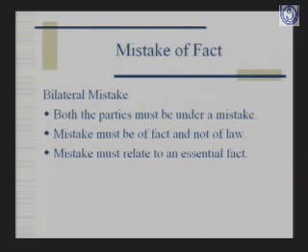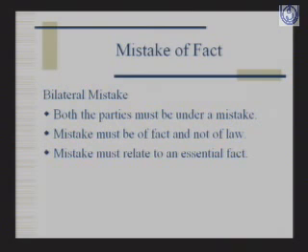There are 3 points you can see on the chart. Both the parties must be under a mistake. Secondly, the mistake must be of fact and not of law, and the mistake must relate to an essential fact.